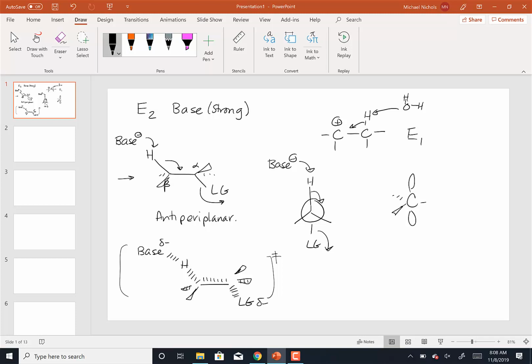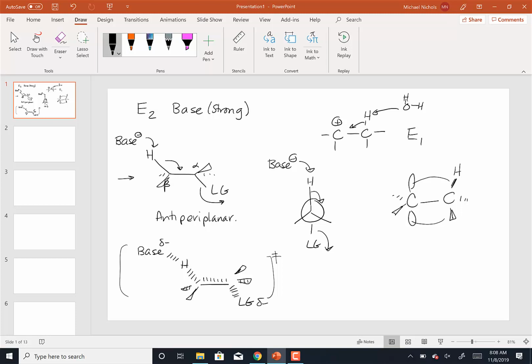All that has to happen there is the beta hydrogen must be planar to one of the p orbitals that's empty. It still had to be periplanar, I guess, but it didn't have to be anti, because the hydrogen could be planar to that empty orbital, or down here it could have been planar to that empty orbital. It just has to be planar to that.